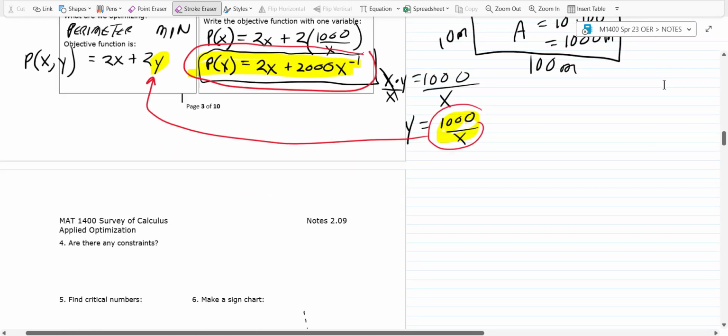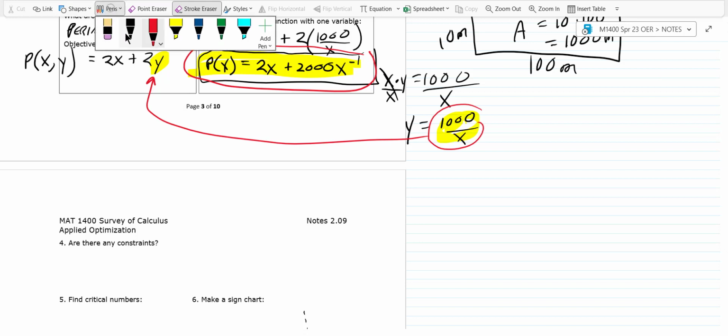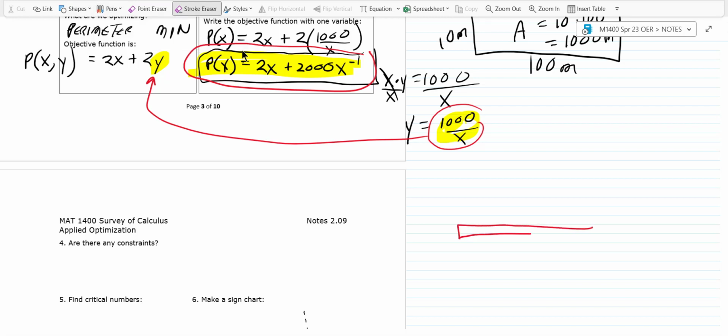Okay, all right. So now, constraints in the problem. Yes, there are constraints on this. With this, you're going to find that at the very smallest, you couldn't have a side of 0, but you can get close to 0.